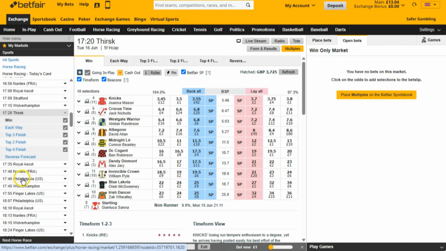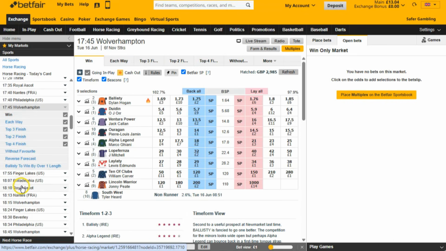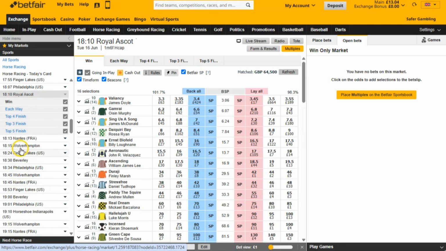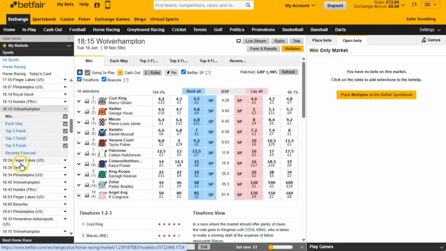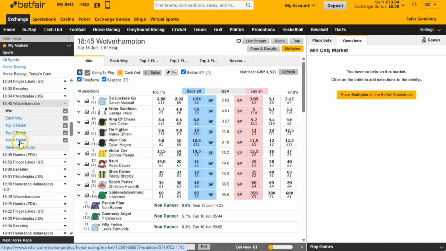That's similar to what we've had already. Too low. Wolverhampton. I was looking for an 8 runner race with not too high. How many runners there? 2, 4, 6. All right, let's try this one.